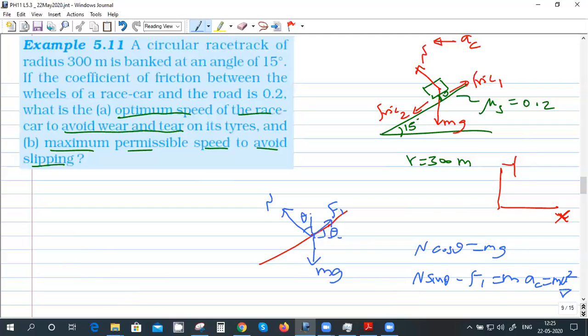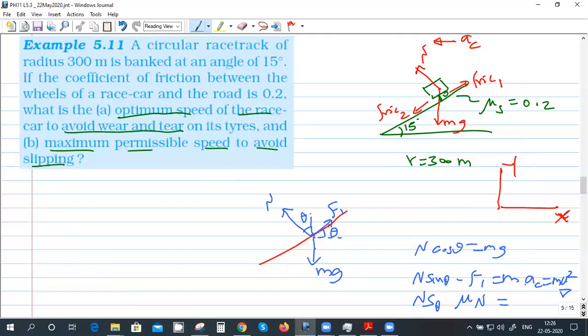Optimum speed, right? So optimum in the sense the maximum speed. So F1 is mu N. N sin theta, go to the right hand side.